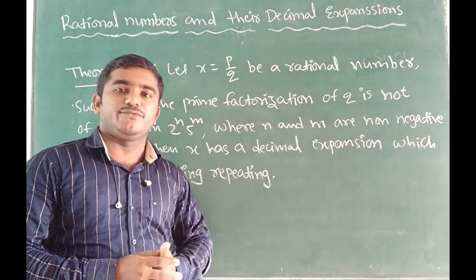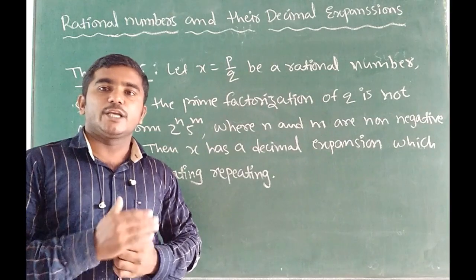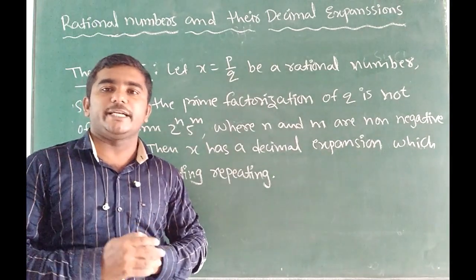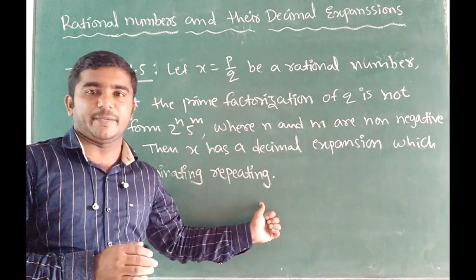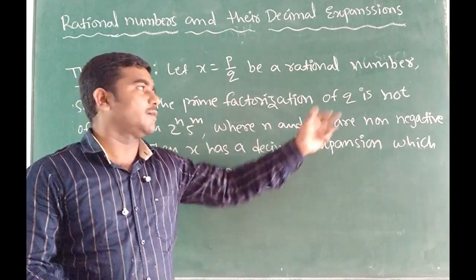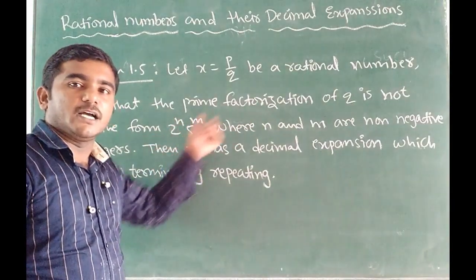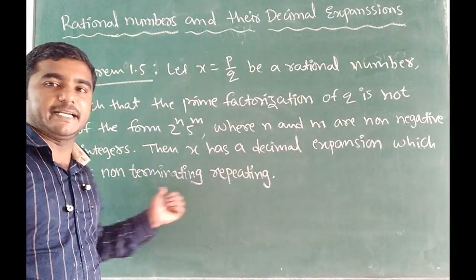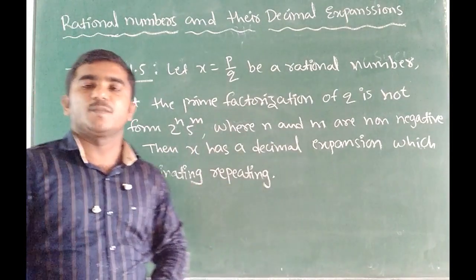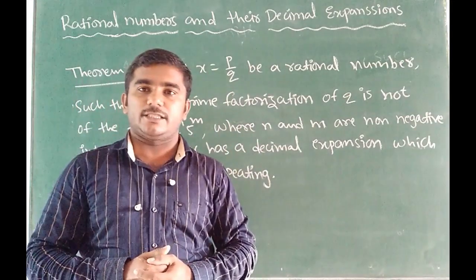Next, if x equal to p by q is a rational number and q is not in the form of 2 power n into 5 power m, then the decimal expansion is non-terminating repeating. These are the theorems on decimal expansions.